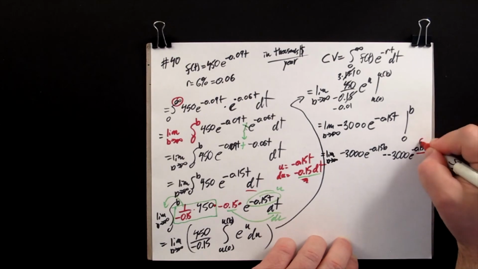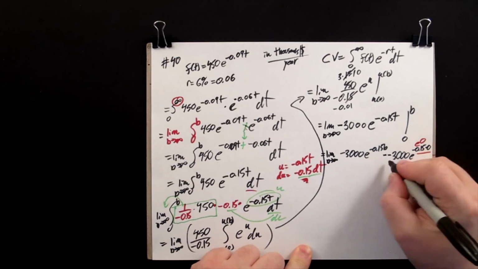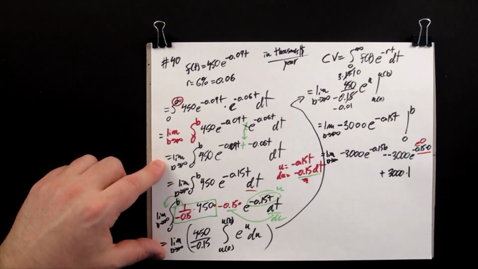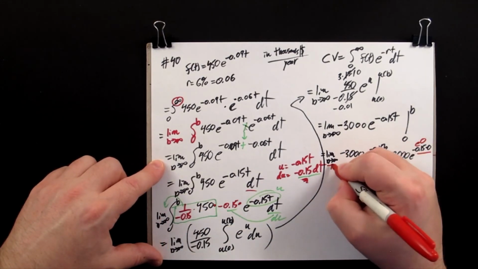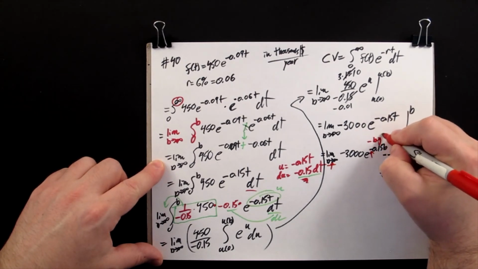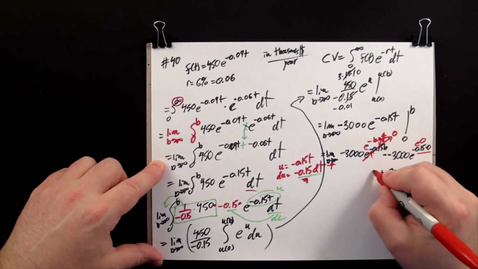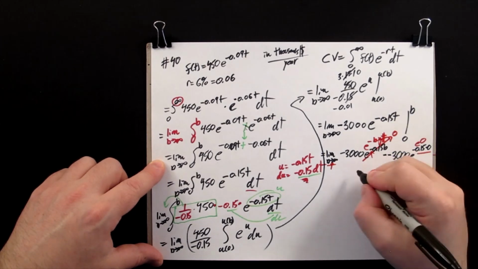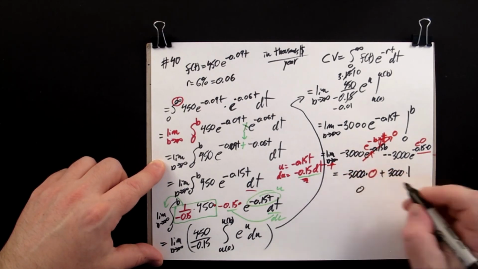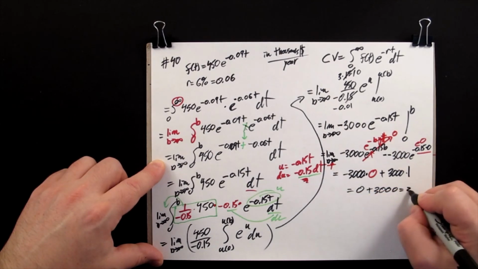So that is 0, so we have e to the 0, which is 1, and then minus minus is plus, so plus 3,000 times 1. This term, we have b going to positive infinity, but we have a minus sign here, so we have a negative big number in the exponent, so e to this negative big number is going to head to 0. So 0 times minus 3,000 is 0, and then plus 3,000. So the result is 3,000.